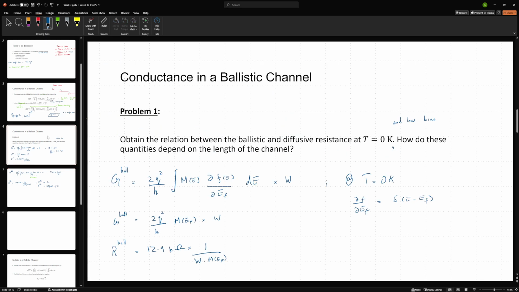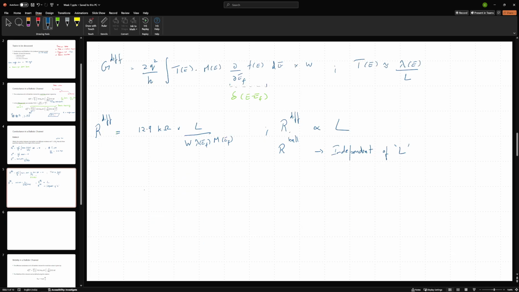Okay. And what is going to be the ratio of these two quantities? What ratio should we calculate? Ratio between ballistic and diffusive. So ballistic resistance R ballistic divided by R diffusive.